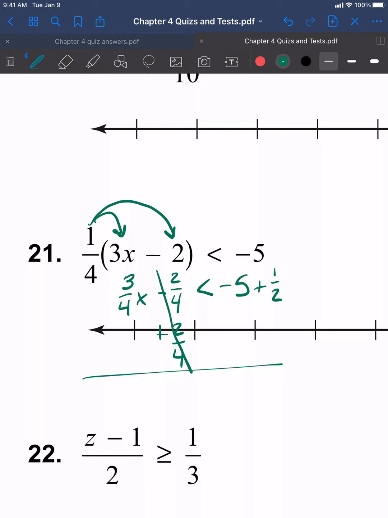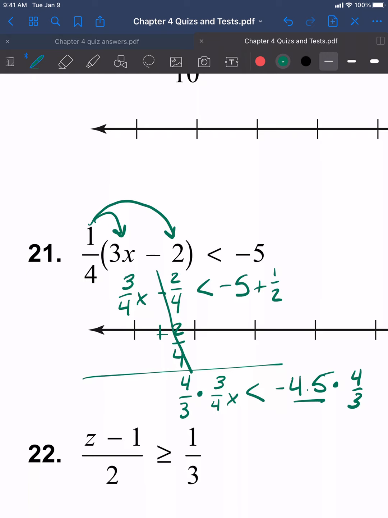Negative 4.5? Okay, so I have 3/4 x is less than negative 4.5. Now what? Okay, multiply by the reciprocal. Multiply by the reciprocal.